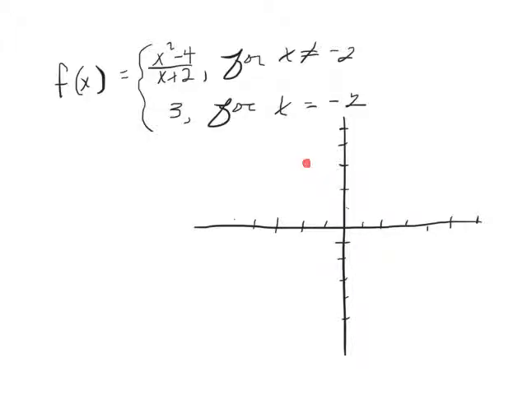Now let's look at the top one. Whenever x is not negative 2, we're going to plug it in here and get a y value. Okay? Because what we're getting here is a straight line.